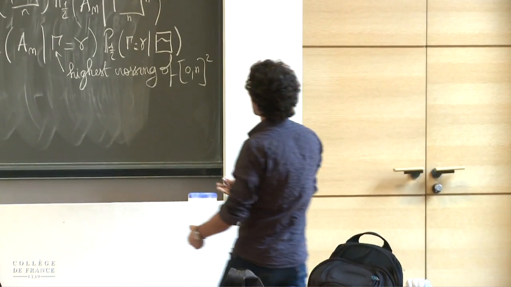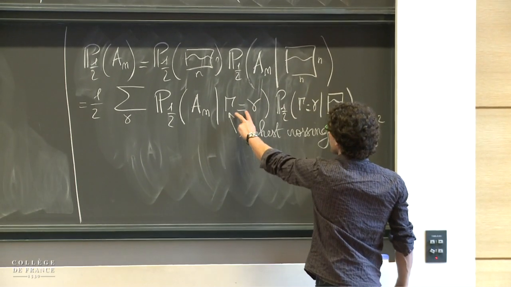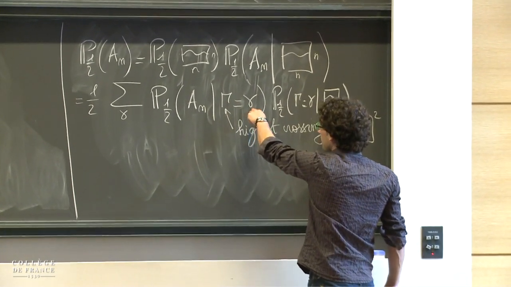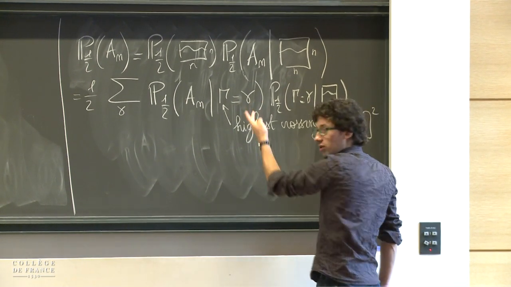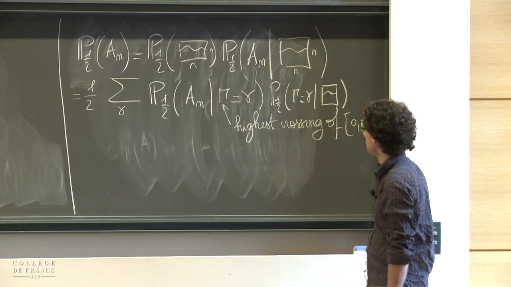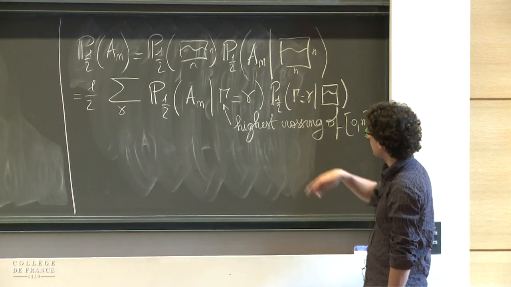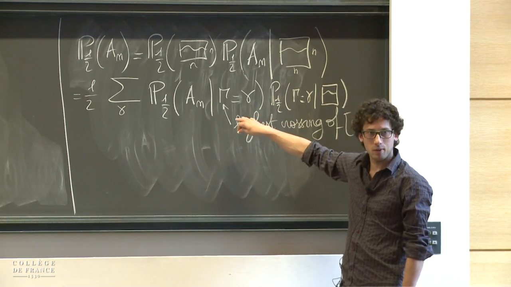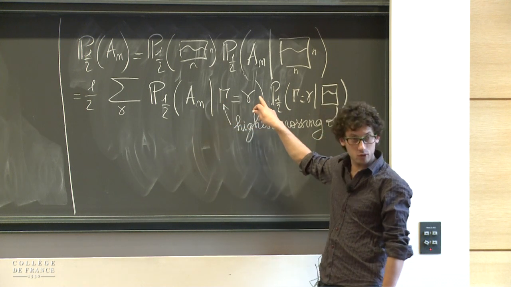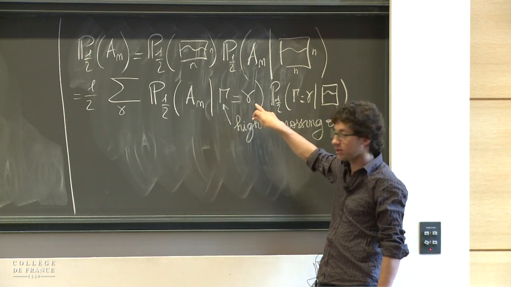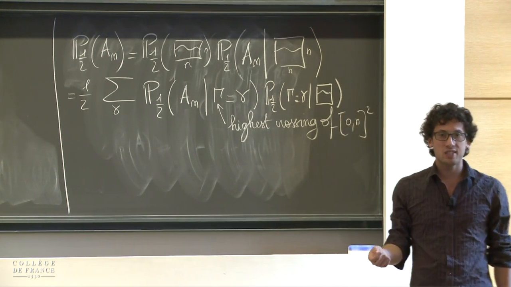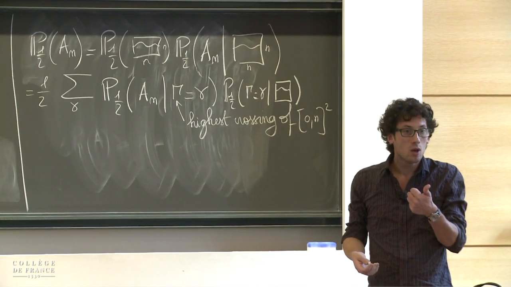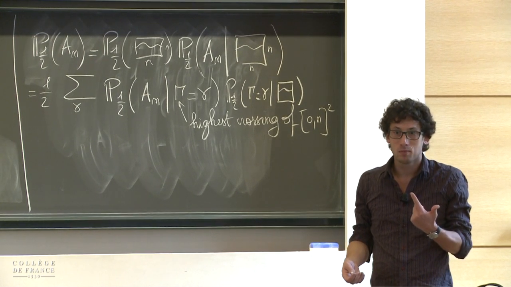So I know there is a crossing, and I decompose with respect to the highest possible crossing. So this is a partition of the event, right? But observe that the event that capital Gamma is equal to small gamma depends only on edges that are on the path or above the path.